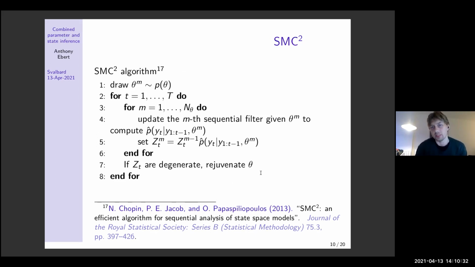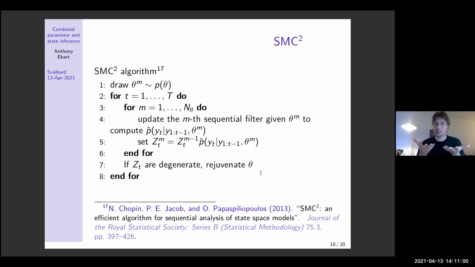For this purpose, the SMC squared algorithm was developed, and SMC squared stands for sequential Monte Carlo squared. This was developed by Chopin et al. in 2013.